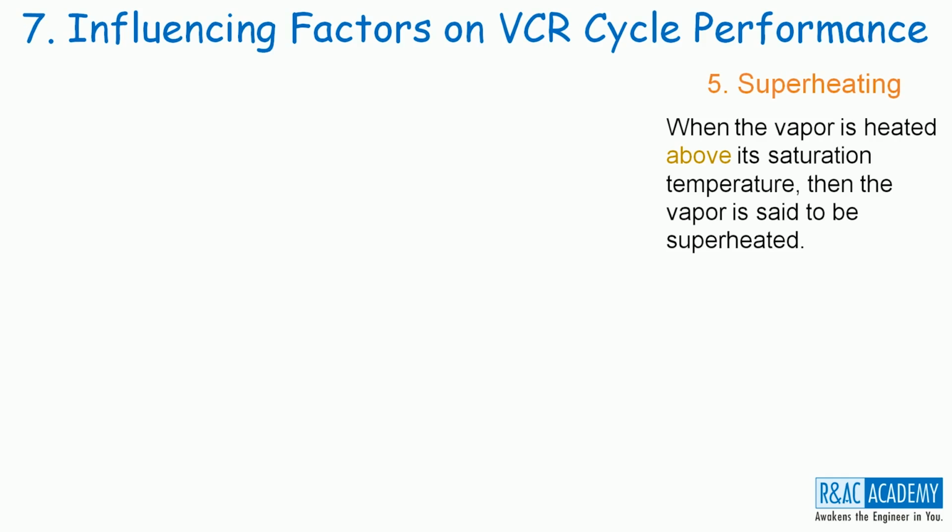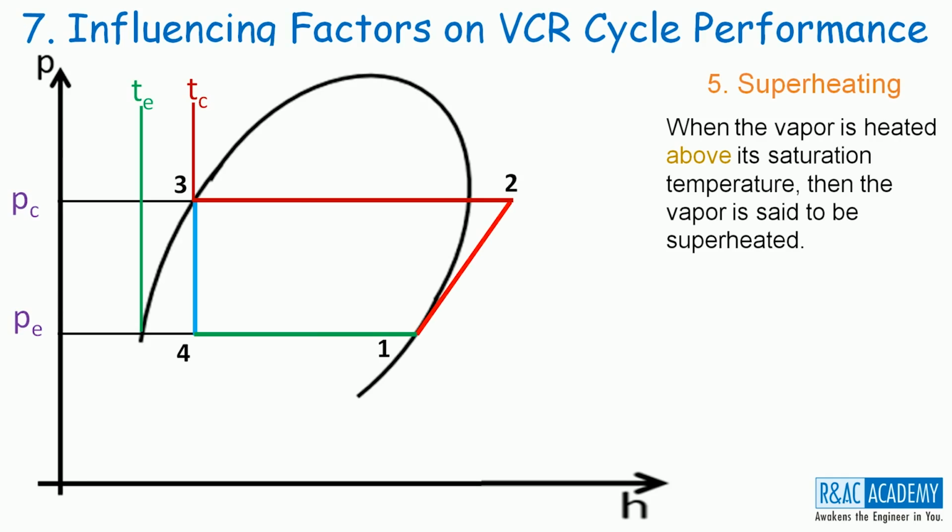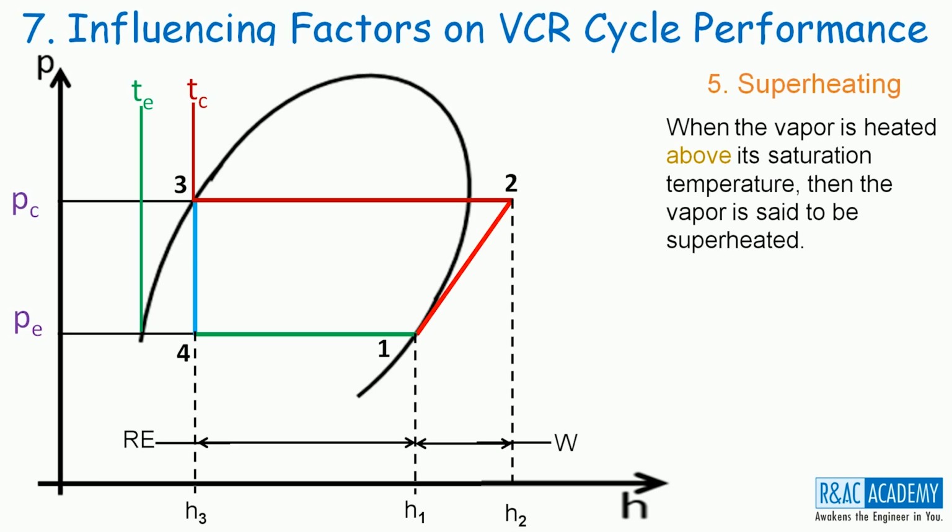For that, let us again pull up the pH diagram with the baseline VCR cycle 1, 2, 3, 4 plotted on it. And let this baseline cycle be operating between PC and PE or TC and TE. Also, let RE and W be the refrigeration effect produced by the baseline cycle, and the work input given to the baseline cycle. Among these 4 states, we could clearly see that the refrigerant exists in saturated vapor state at state point 1.